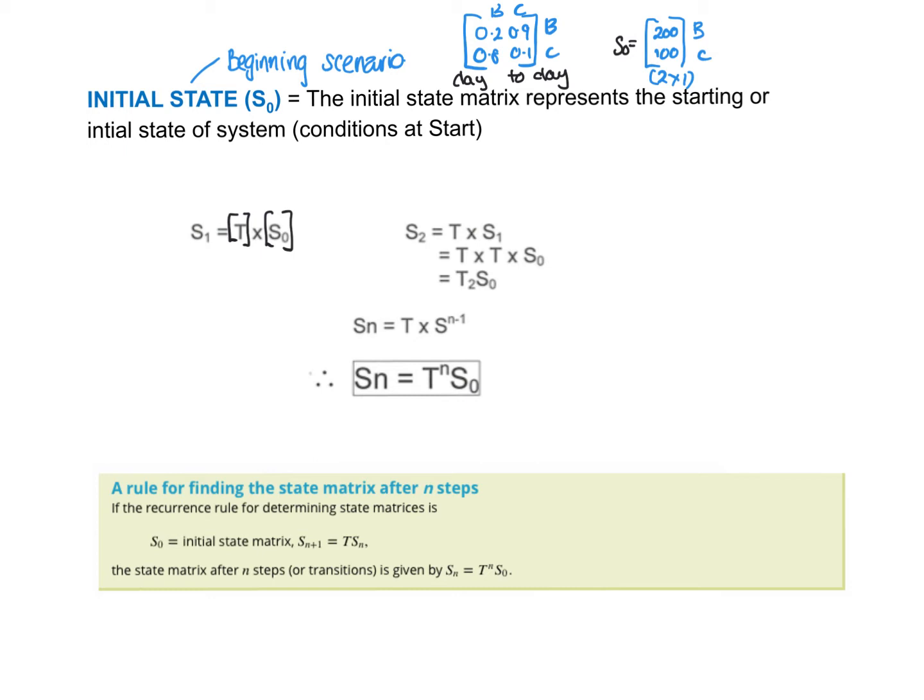If you want to find day 2, or state 2 they call it, you'll do the transition times the one before.